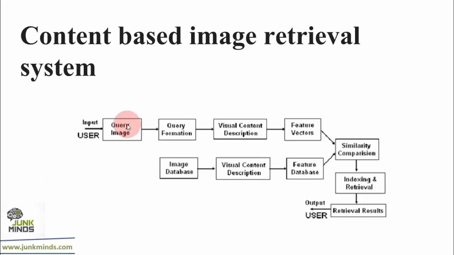What happens here is, whenever I upload an image, that image is stored in the image database. The visual content and the description are done. The features are marked and stored in the feature database. Whenever a user inputs a query, the query is formed and the visual content is described. If I input an animal, Google would automatically understand some of the features of the animal and search for the same features in the feature database.